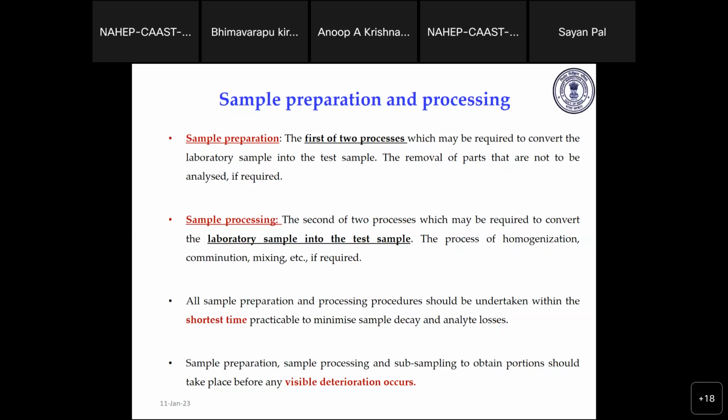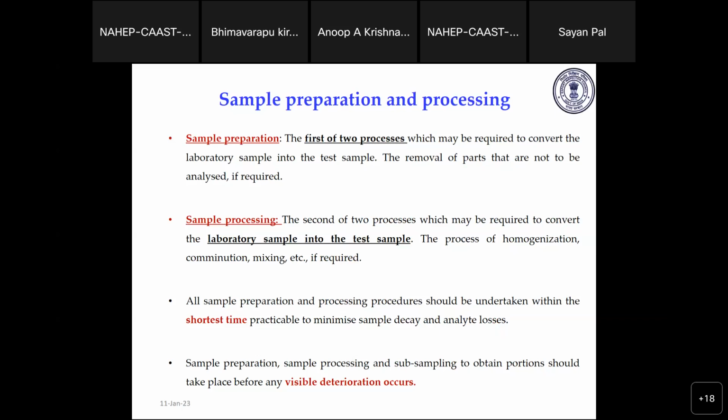Ideally, the whole 1 kg is homogenized, and from that homogenized 1 kg of the sample, we take the representative sample for testing. Now during this process, people say, yeah, I put it into a mixie, I homogenize it, that is enough to consider it for analysis.